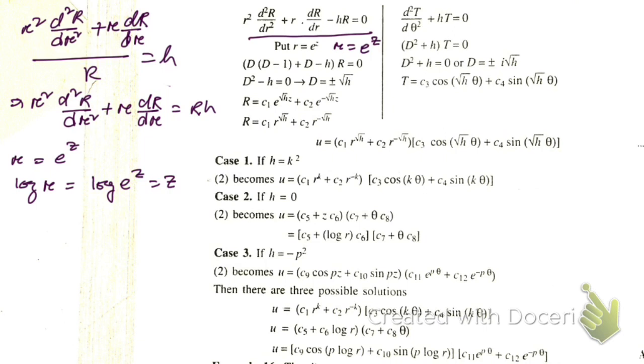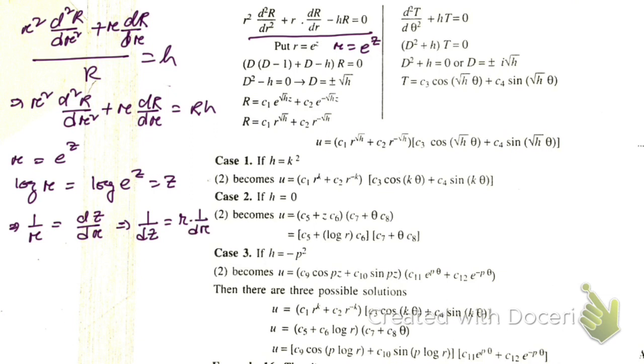So if you differentiate with respect to r, then you're going to have 1 by r is equal to dz by dr. That's what you're going to have, right? So now you see, this implies that dz is equal to, or you can say 1 by dz is equal to r into 1 by dr. That's what you can write.